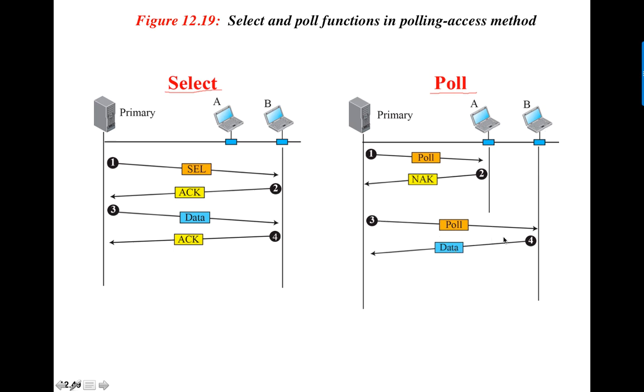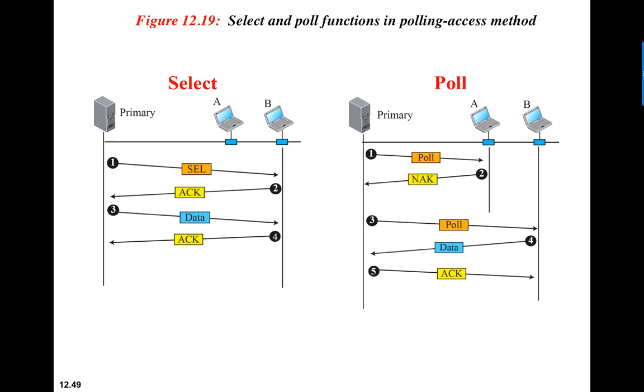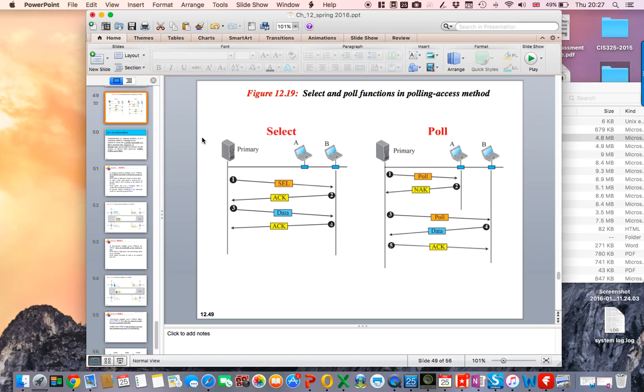When it receives the poll message from the primary, it will simply send the data to make things short. Okay? It takes a shortcut and it just sends directly the data. And then the primary, after it receives the data, will send an acknowledgement saying it has received the data successfully. Okay, so this was the polling mechanism in controlled access.